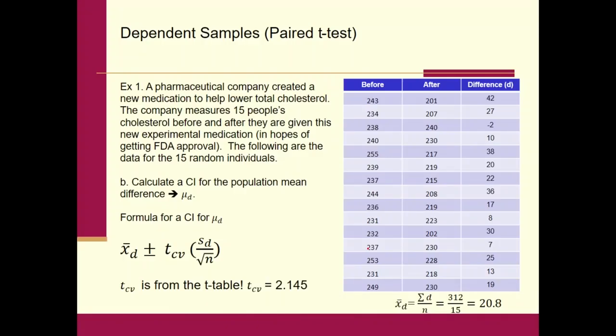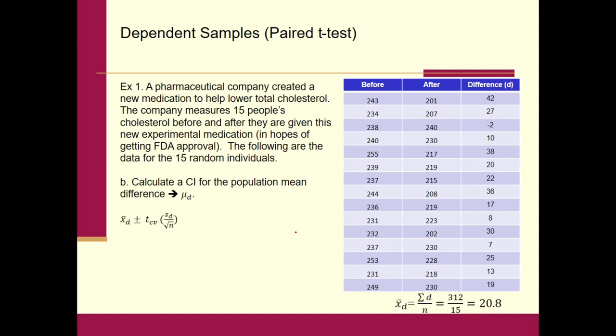Okay, I think we have everything. Our x bar sub d was 20.8, 2.145 for the critical value, the standard deviation of the d's, what was that? 12.5 or something, and then square root of n, 15. Look familiar?